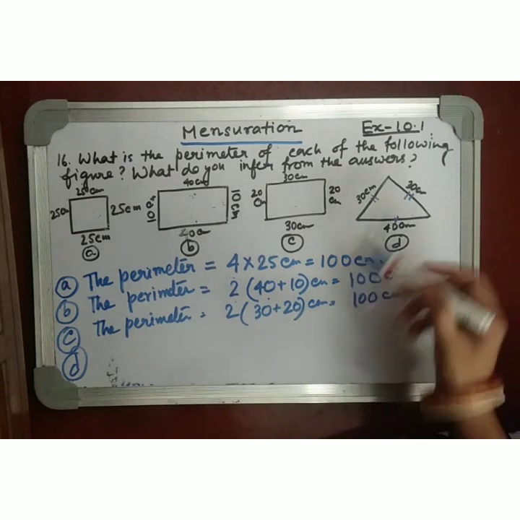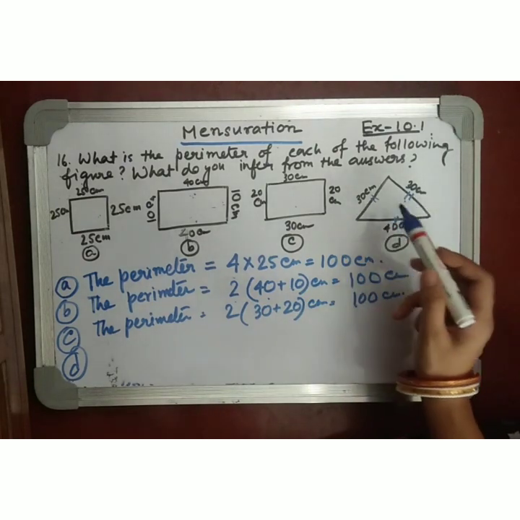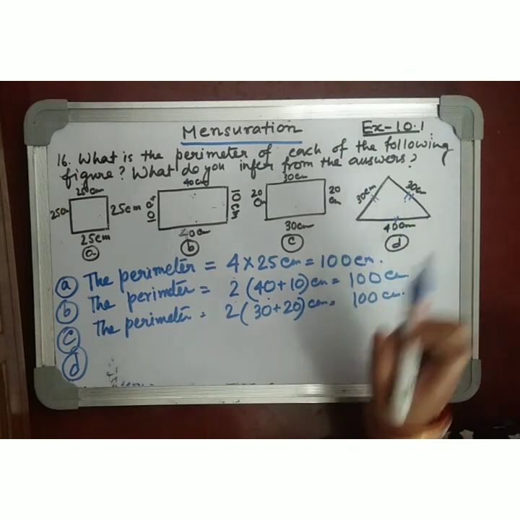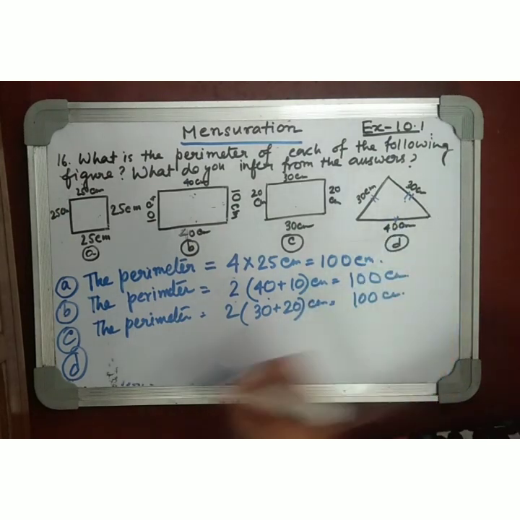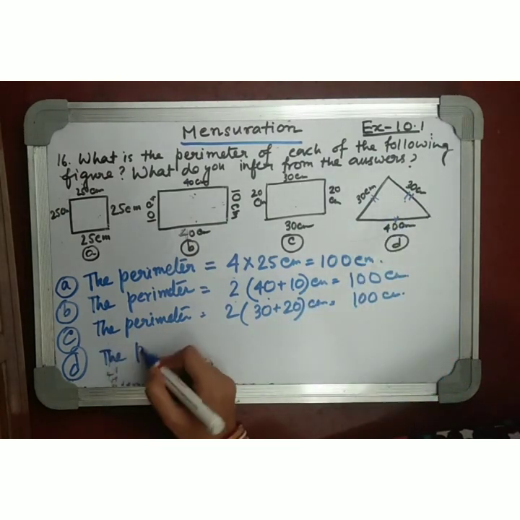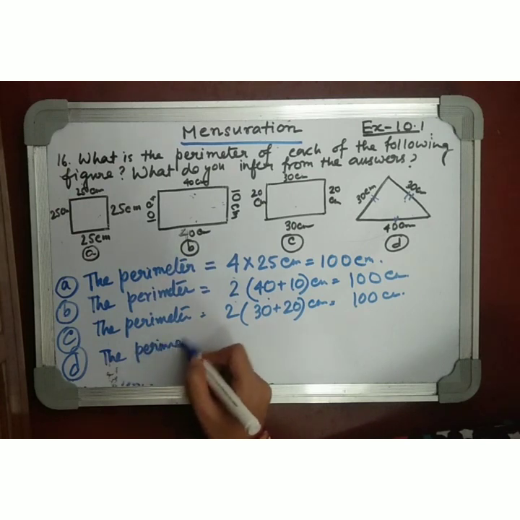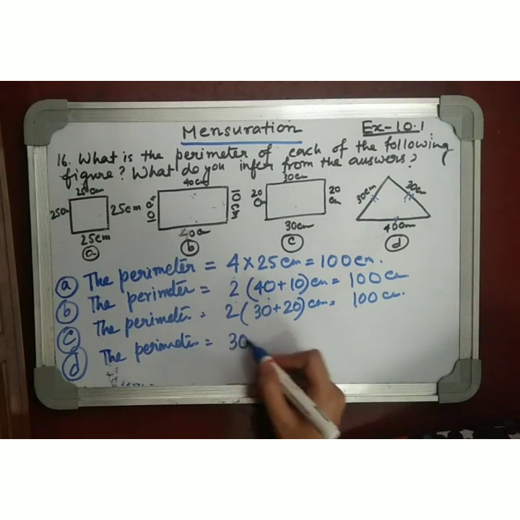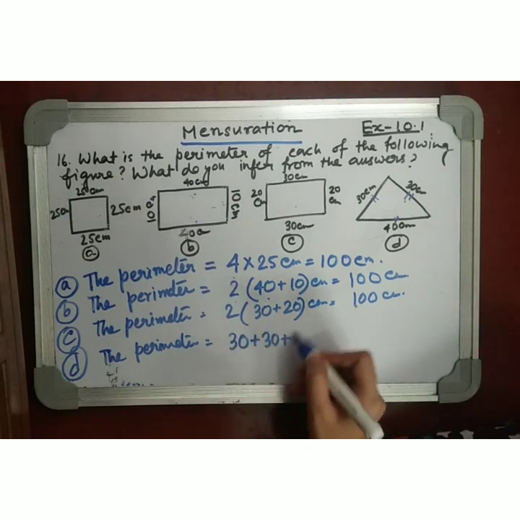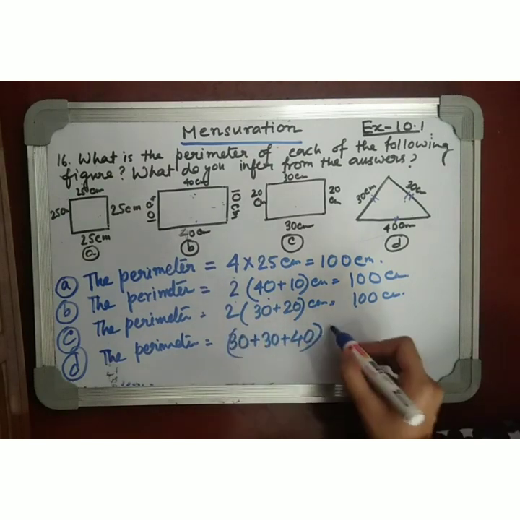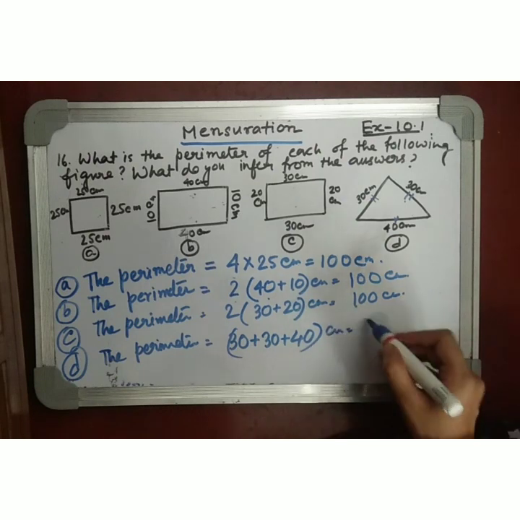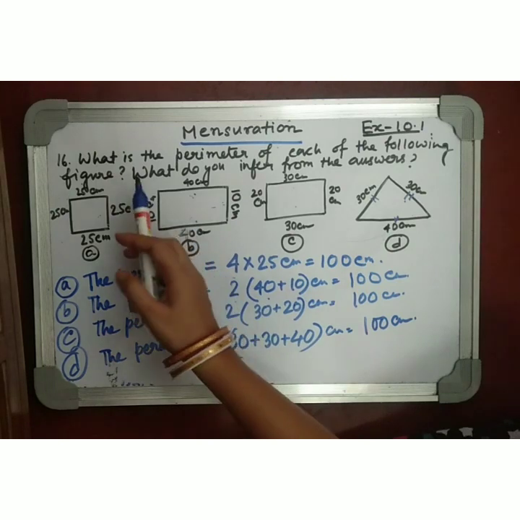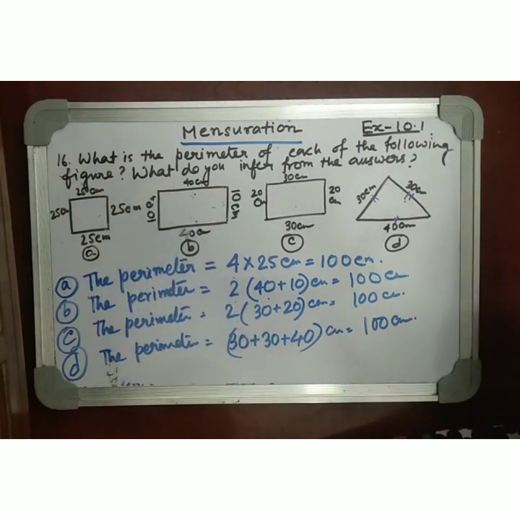If the length of two sides of a triangle is equal, we call it an isosceles triangle. So in this case the perimeter will be the sum of all the sides, isn't it? So the sides were 30 plus 30 plus 40 centimeter. It means 100 centimeter.